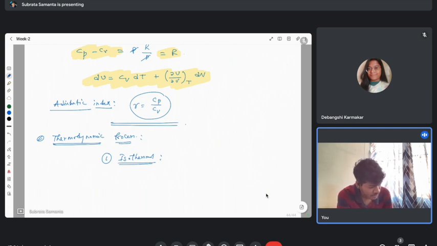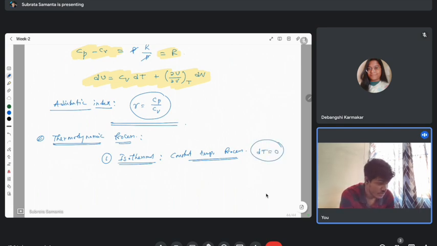So a constant temperature process means that dT becomes 0, right? No variation of the temperature, dT is 0.